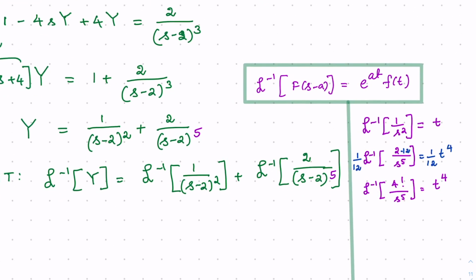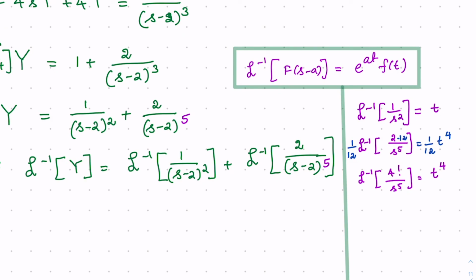Those are those two. Now if I apply this formula, the first translation inverse Laplace transform, then without the s minus 2, 1 over s squared would be t. Because of the s minus 2, I'm going to have e to the at, so e to the 2t. So this is going to become e to the 2t multiplied by t.